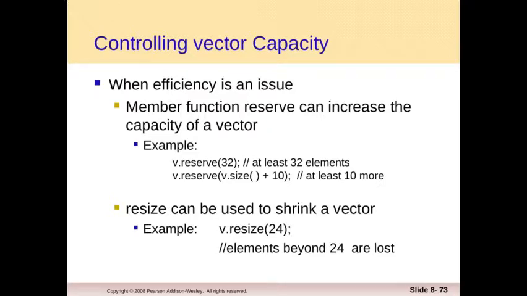Precisely stating, what you're doing with the reserve is you're saying I need at least 32. Now it might be that the implementation is such that if you require at least 32 elements, it actually allocates space for 128 elements, just for example. But once you actually use up all those 128, then you're triggering additional growths in the capacity.